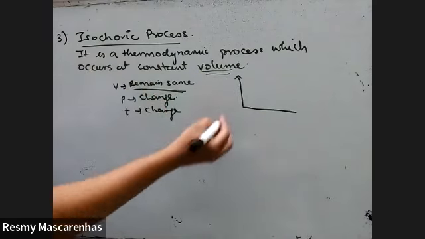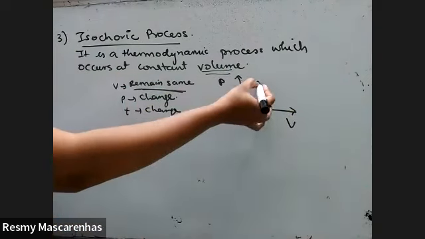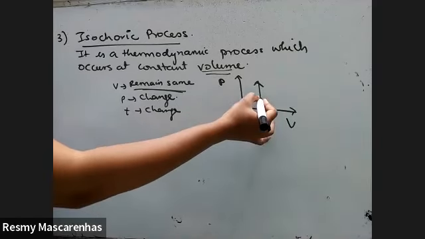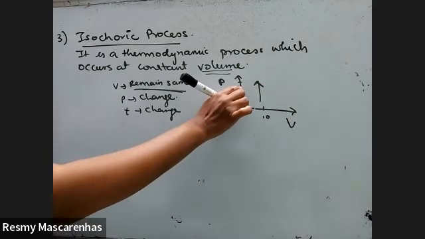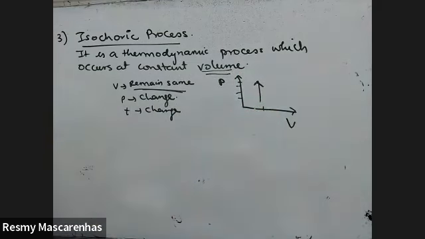So if you try to plot, only pressure will change. Volume you are keeping fixed. Suppose volume is at 10, it will remain at 10 only throughout. Only what is changing is your pressure, so from 5, 10, 20 maybe that is changed. But volume would always remain the same. So the isochoric process graph will look like this.